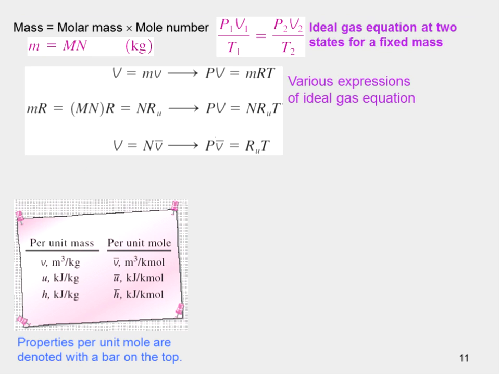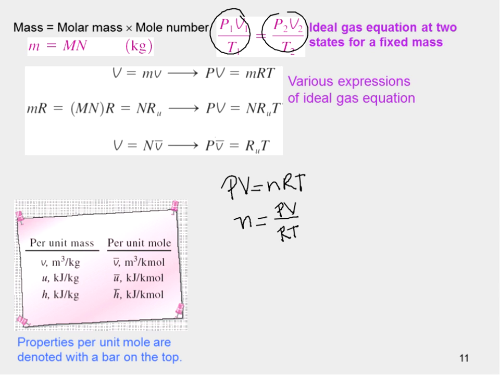The ideal gas law expression can take different forms depending on the gas constant that we use. Let me just show you this real quickly. If you have PV equals nRT, that means that n is PV divided by RT.